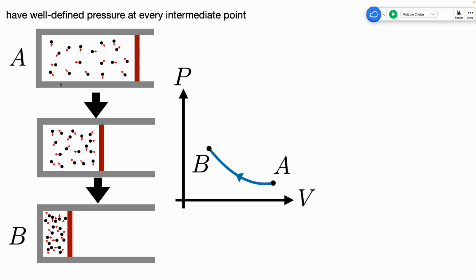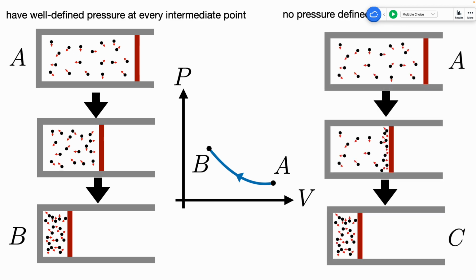Here you are compressing a gas, so the volume decreases, and the arrow tells you that you are going from point A to point B on a PV diagram, in which the volume does decrease. And the ideal gas law tells you that if you compress a gas, pressure increases, so the pressure goes up. And the reason you can connect these dots with a line is because every point on the line has a well-defined pressure and volume. What do I mean by that?